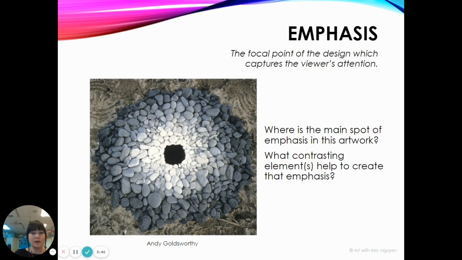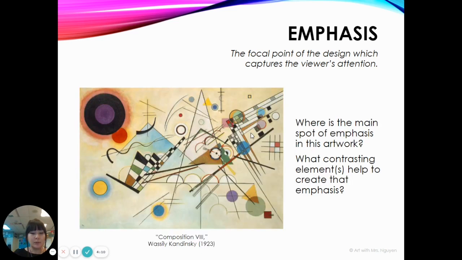In this artwork, the middle black section really stands out because it is different from the soft gradations of the rest of this land art. This painting by Wassily Kandinsky has a lot going on, but there's a few things that really stand out to me. Is this big dark circle because the rest of the image is pretty light and this one is really different. But you might have thought of a different part as being the emphasis. And that is another interesting part of art, is that everybody might see something different.